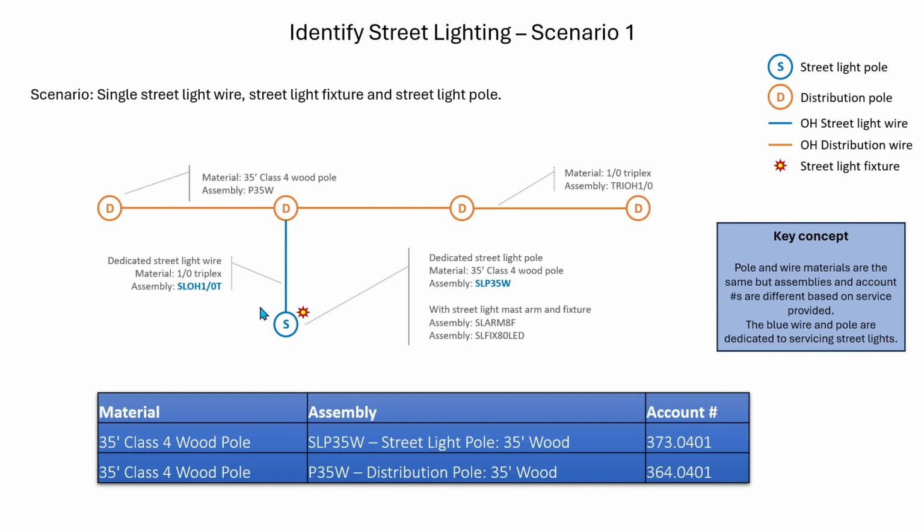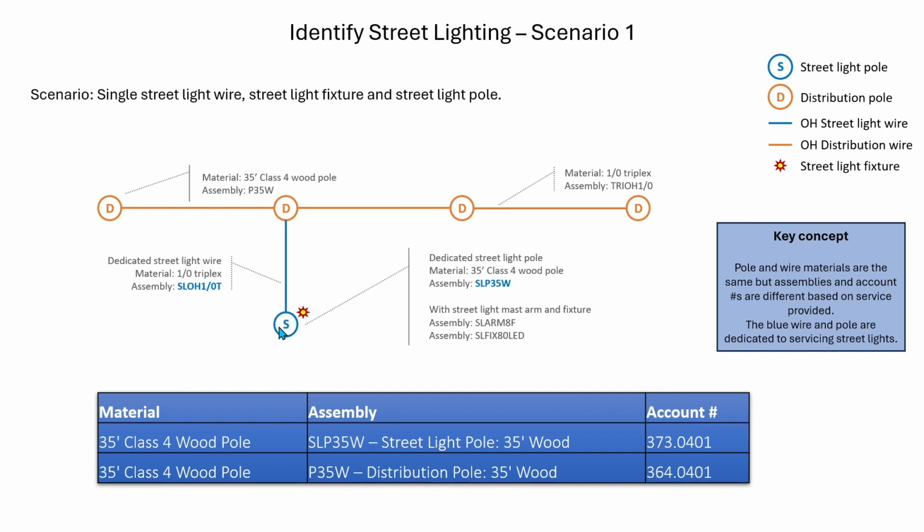So we've called out the wire in this case here. It is also 1/0 triplex, but because it is dedicated streetlight wire and it's not used for anything else, the assembly is this SLOH1/0T, which indicates that it's for streetlight purposes. Same with this pole here.